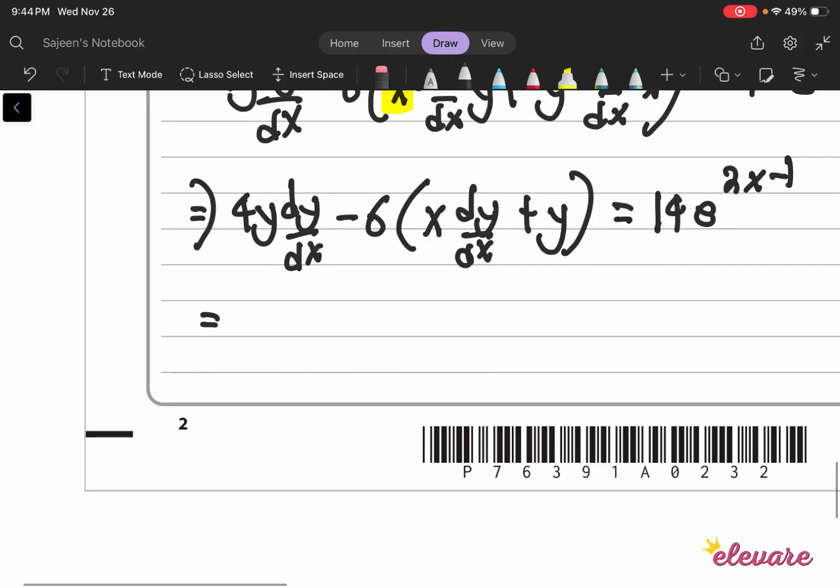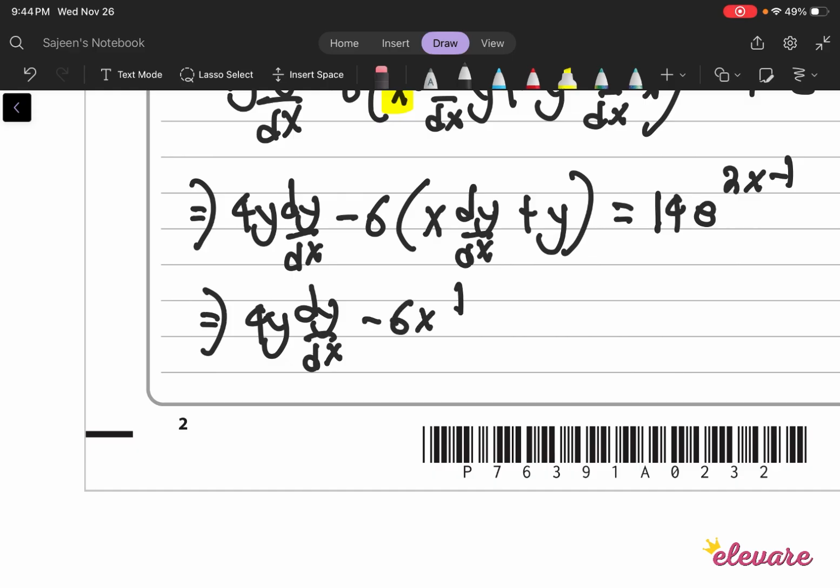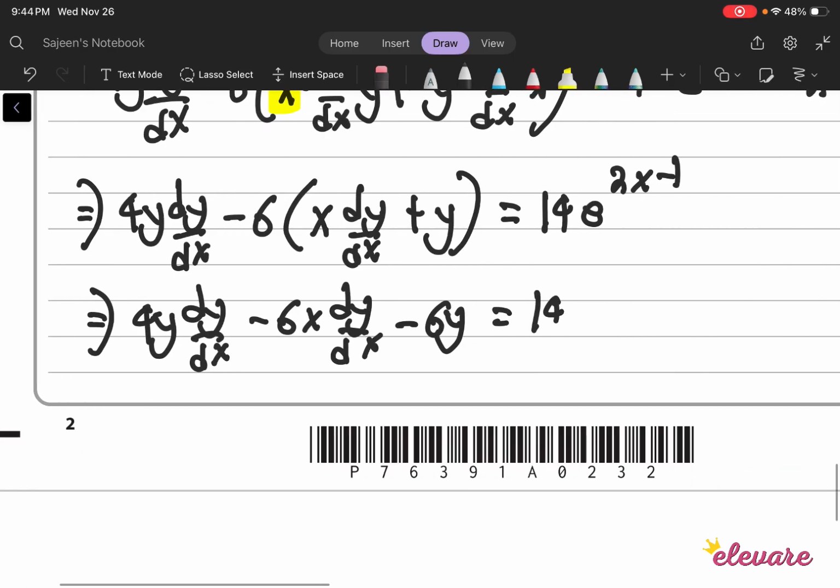If we were to simplify this even further, it's going to be 4y dy/dx minus 6x dy/dx minus 6y is equals to 14 e to the power 2x minus 1.